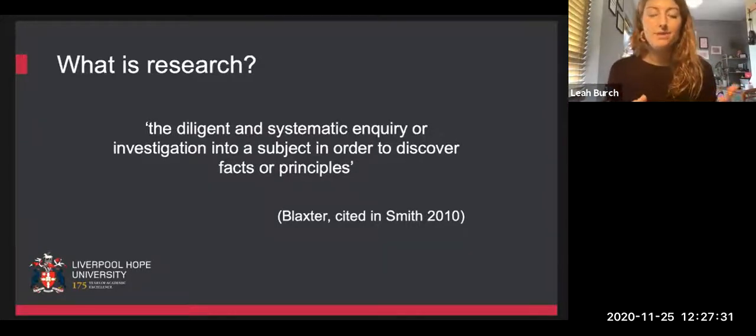The second bit of this definition that's important is this discovery of facts or principles. So the idea is that we do research, and in doing research, we come up with new knowledges. So we discover different things that are happening. We discover new understandings. That might be testing previous understandings that we had, or it might actually be introducing new ways of looking at things, so new theories, new kinds of concepts. So these are all the purpose of research, and these are at the core of understanding what research is.